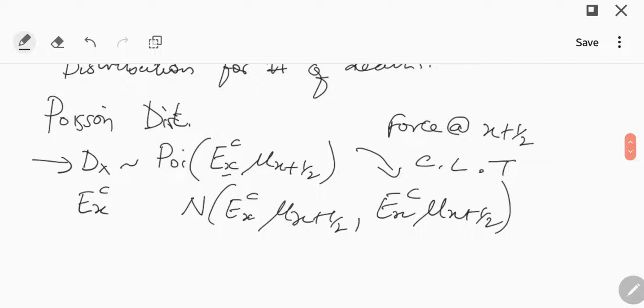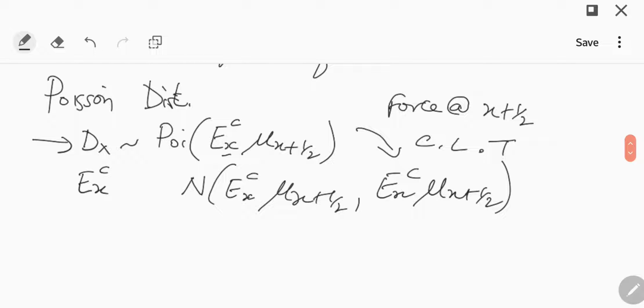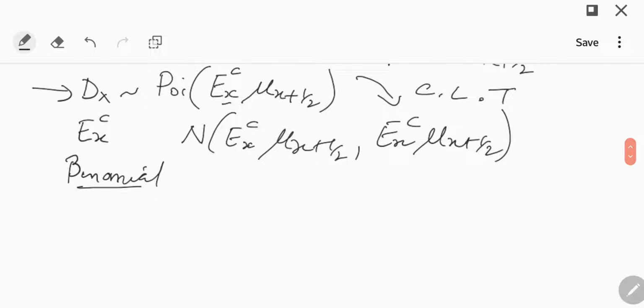But if I'm assuming that the deaths are following a binomial distribution, a binomial model, then we use the same logic.